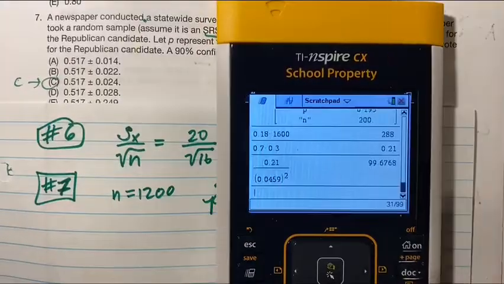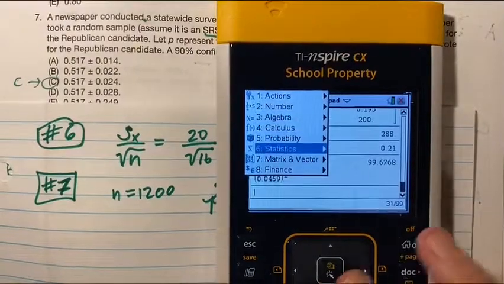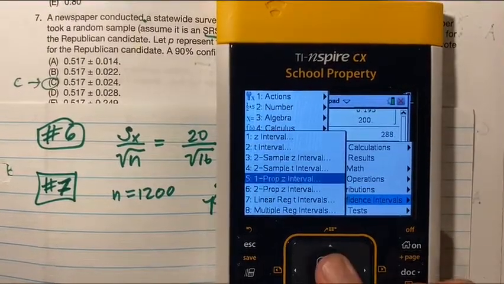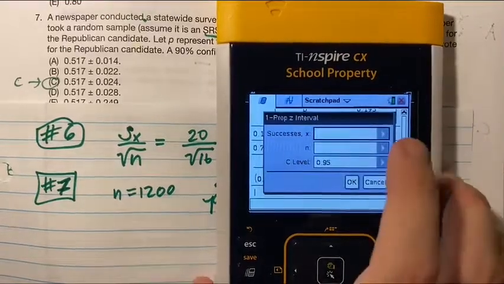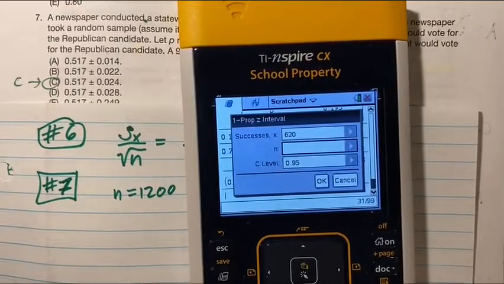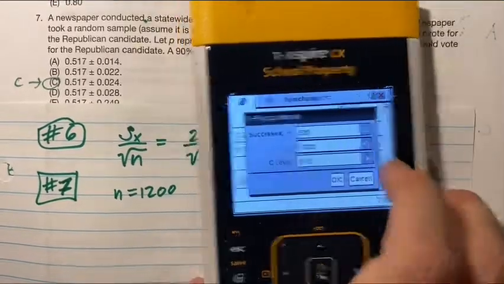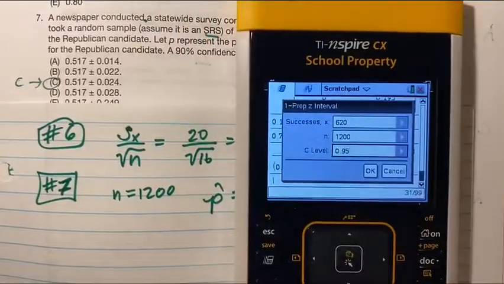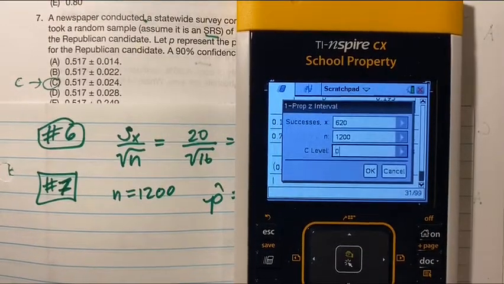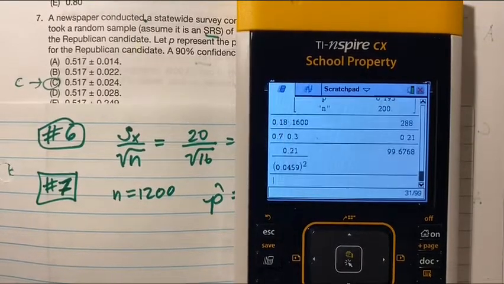Awesome. So let's use our calculator. We go to menu, stats, confidence interval. We go to 1 proportion Z. And what was success? 620 said yes out of 1,200. We are going to move the confidence level down to 90, so very carefully make sure we put the confidence level at 90 and we hit enter.